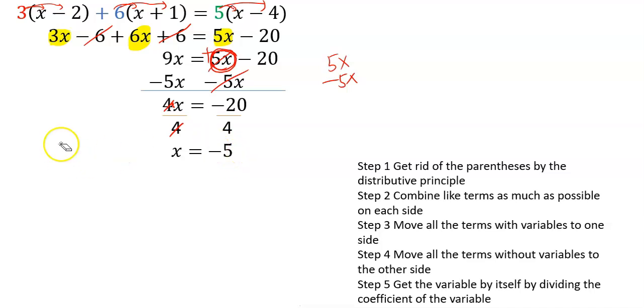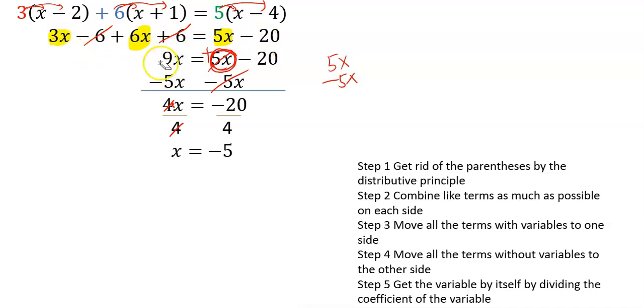So that's the answer. If we summarize the steps here: first, if we have parentheses, we get rid of them by the distributive property. After that, we combine all the like terms on the left-hand side, and if there are any like terms on the right-hand side, we do the same there. In this case, we didn't have any like terms on the right-hand side to combine.